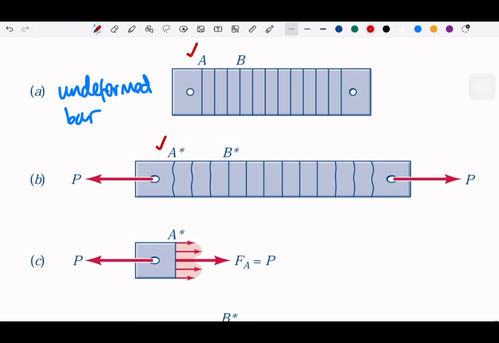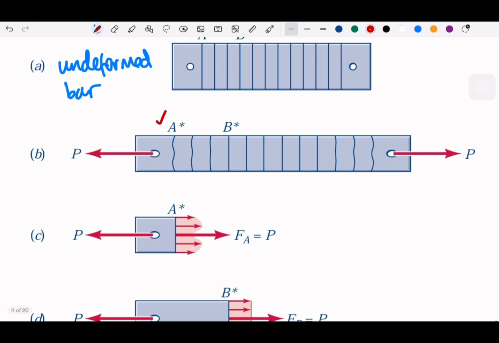And if we cut open this A asterisk, it actually has some distribution along this, let's say the area here or the distance here. Then we could say this is going to be the total resultant of all distributions.